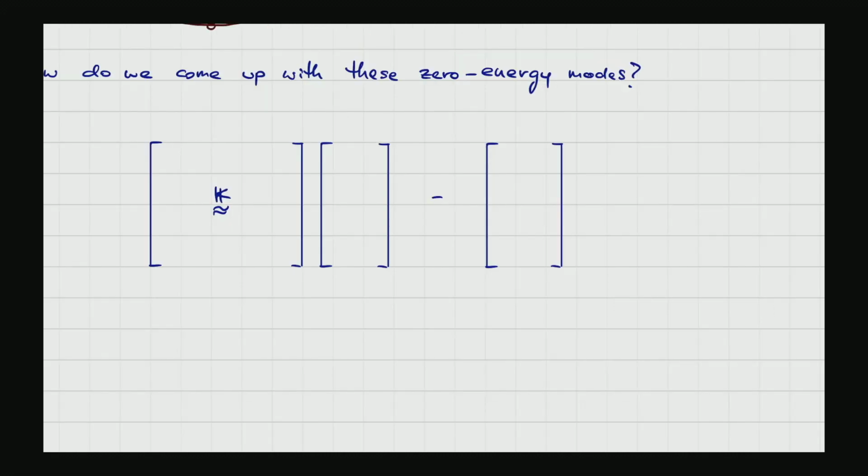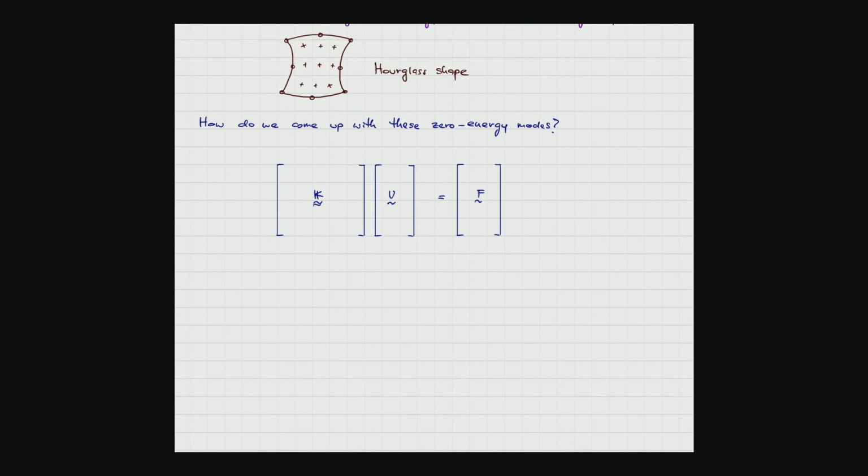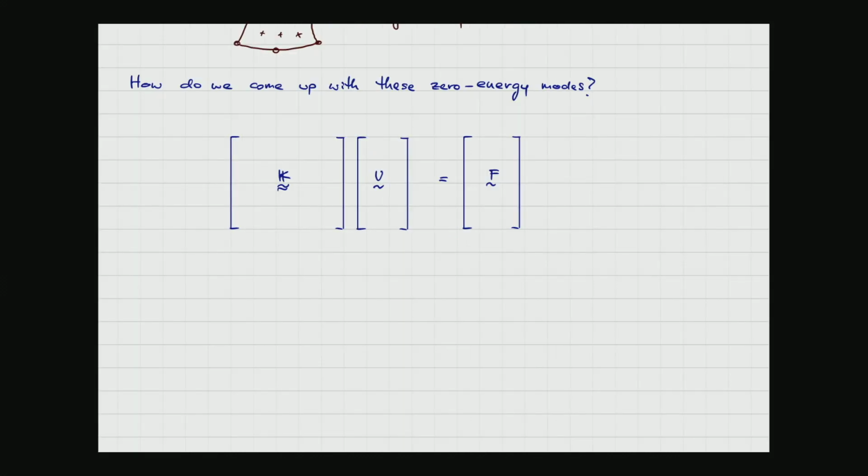Generally, we construct the stiffness matrix. You have K times U equal to external force. The point is that we are worried that some mode like this does not need any external force to deform. So when you solve the system of equations, you get like a jackpot added on top of your solution.